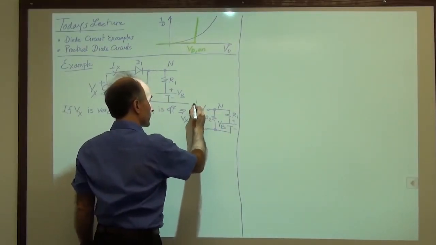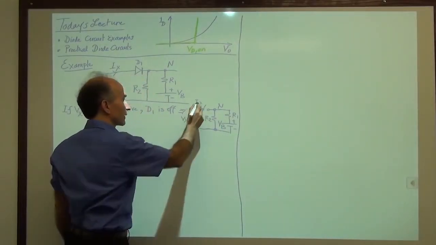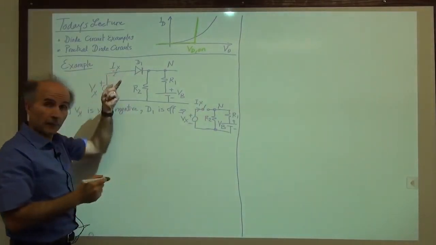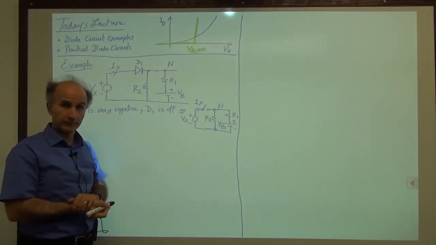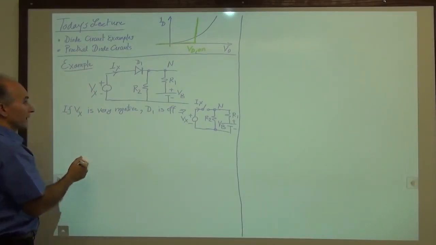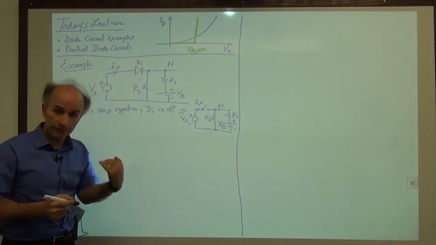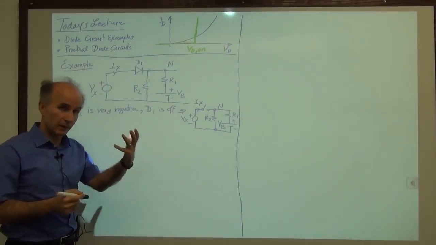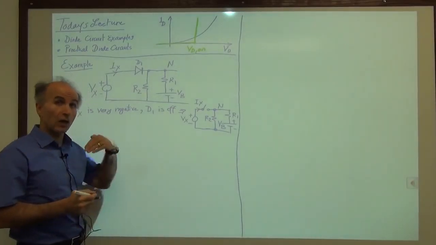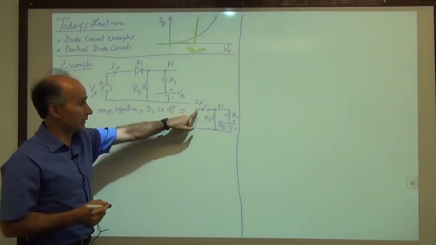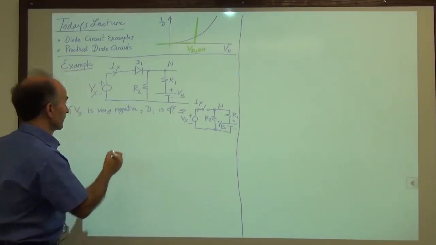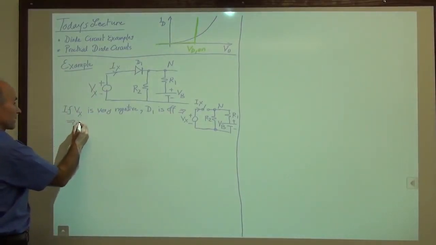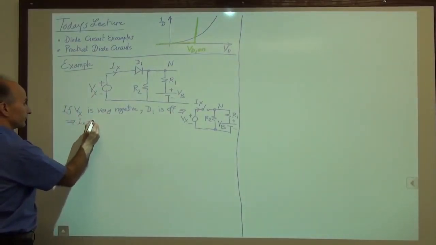Okay, so Ix, which is defined as the current drawn by the input of the circuit, is 0. All right, so as long as Vx is negative enough, we don't know how much that is, but as long as Vx is negative enough or not positive enough, Ix is 0 because the diode is off. So that means Ix is 0.